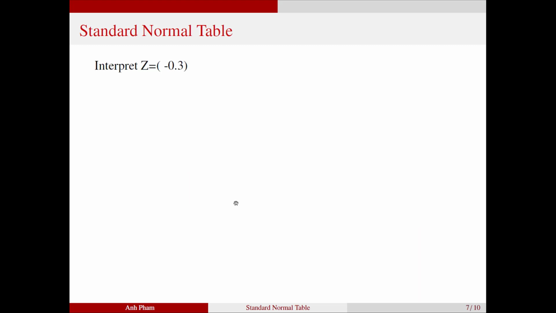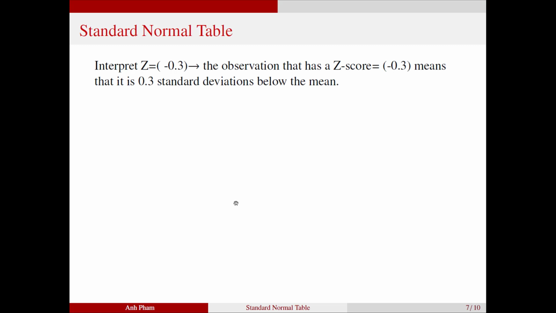Similarly, how do we interpret an observation that has a z-score equal to minus 0.3? This observation means that it is 0.3 standard deviations below the mean.